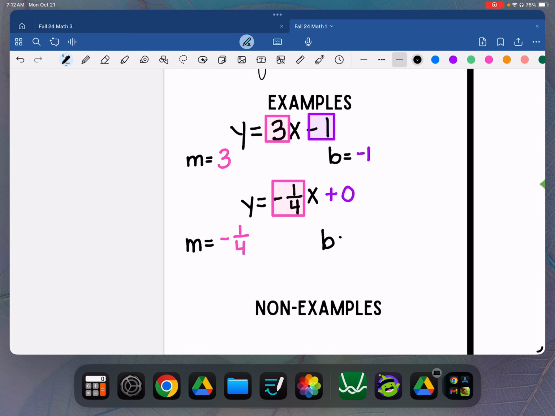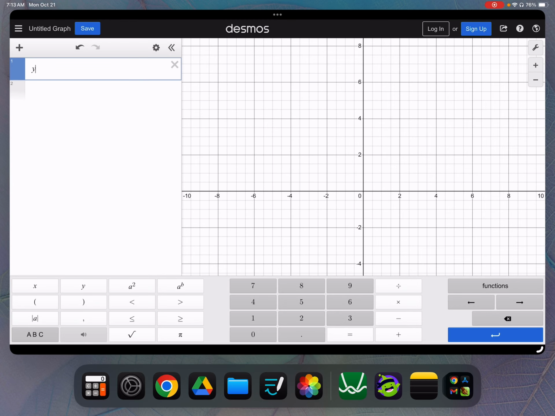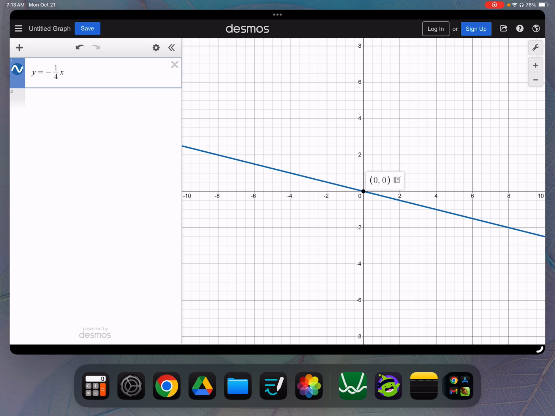So my y-intercept is crossing at 0. Just to backtrack for a second, if you ever have a slope and you have to turn it into a fraction, that would be 3 over 1. Any whole number is always divided by 1. Again, if I put in y equals -1/4 x, you can see that it's crossing the y-axis at 0.